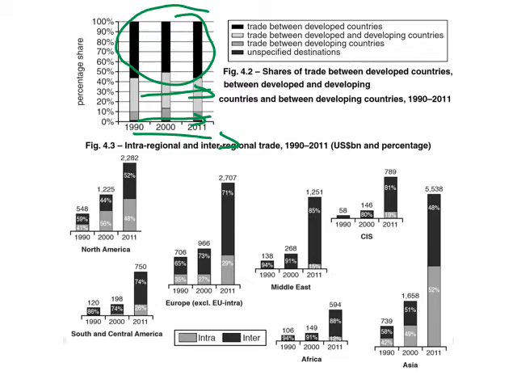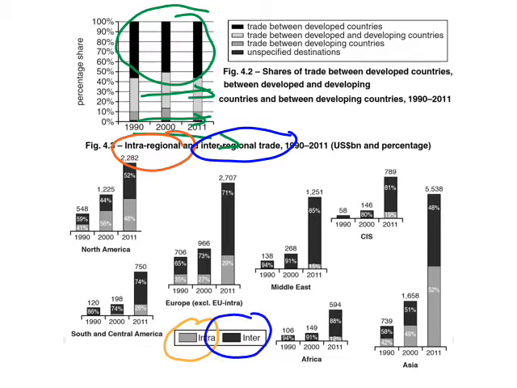If we look down at this bottom graph here, what this shows is the difference between intra-regional and inter-regional trade. So intra is the light grey one, and inter-regional is the darker one.